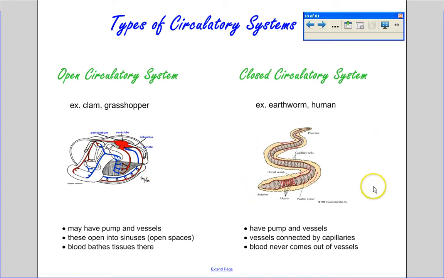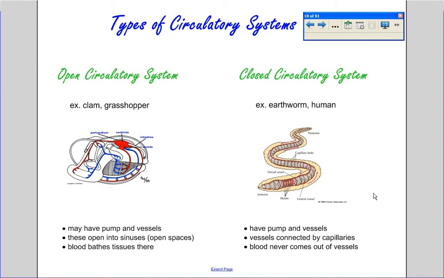If it's a closed circulatory system, like in us, then you have a pump and vessels. The vessels are connected by capillaries, but the blood never comes out of the vessel. So the red blood cells and all the particles that make the blood keep traveling through blood vessels and then back to the heart and then back to the tissues and so on.